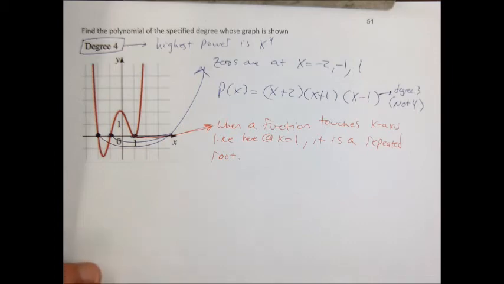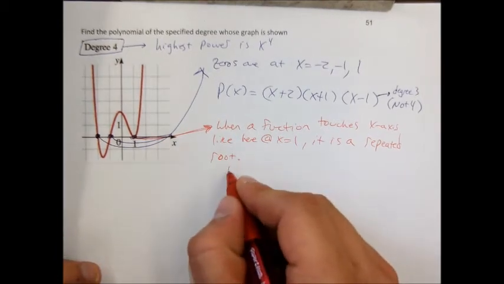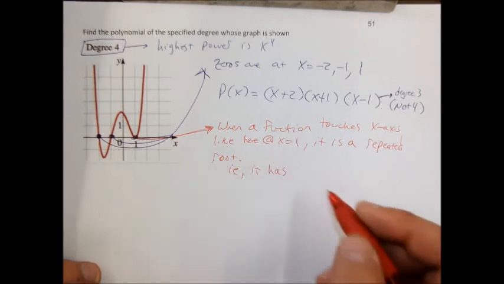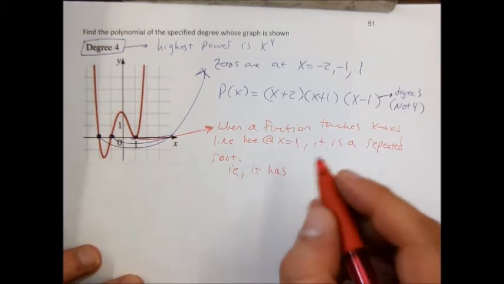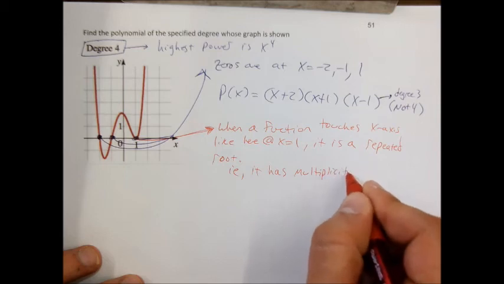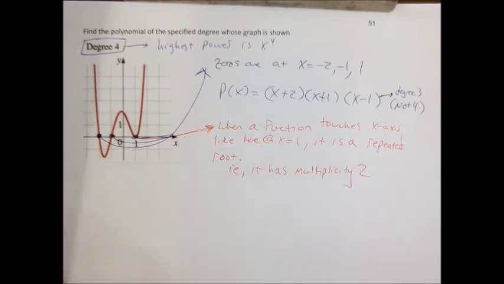But we'll just assume it has 2. I'm going to use a vocab word before I define it, but just write this down and then we'll define it. We'll say that it has multiplicity 2. I'll define that down at the bottom in a second, but multiplicity kind of means what it sounds like. It means that the number of times that root appears is twice.